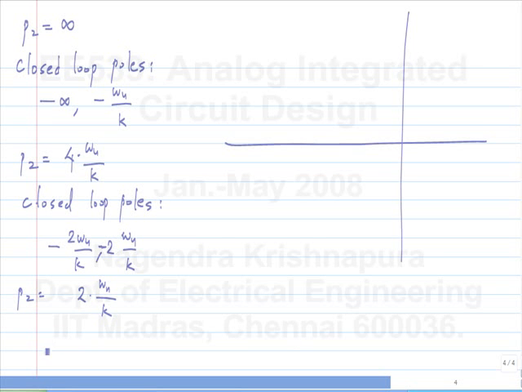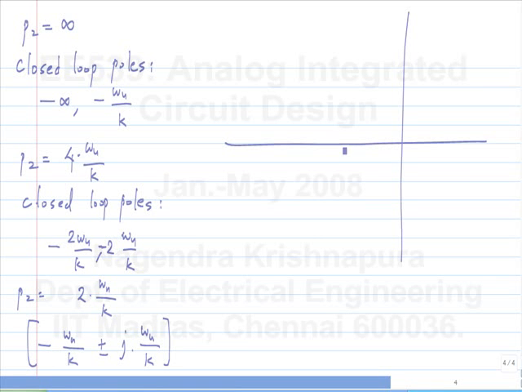The poles will be at these frequencies. There will of course be complex conjugate pairs, and the real part will equal the imaginary part. That's why you get 45 degrees.